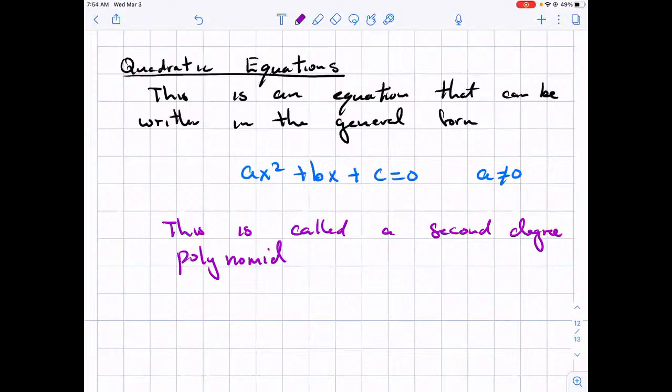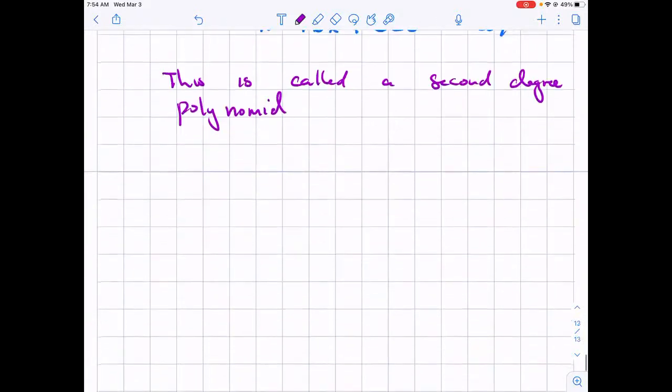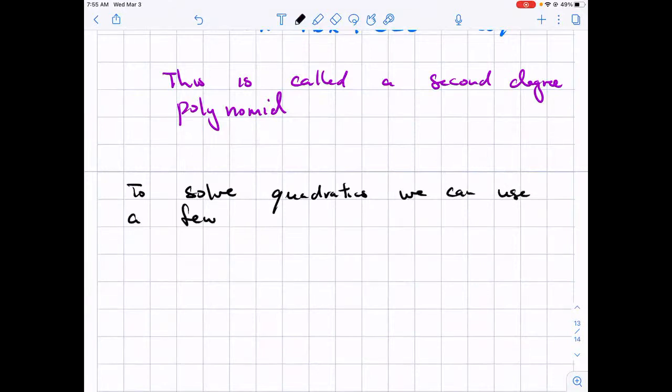So there are various methods to solve quadratics, right? To solve quadratics, we can use a few methods.